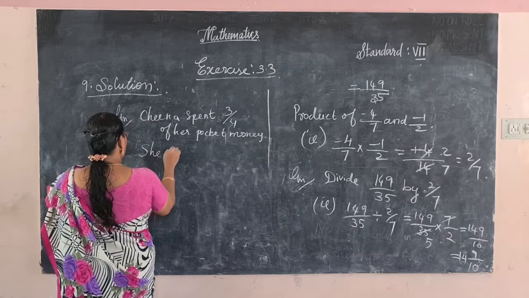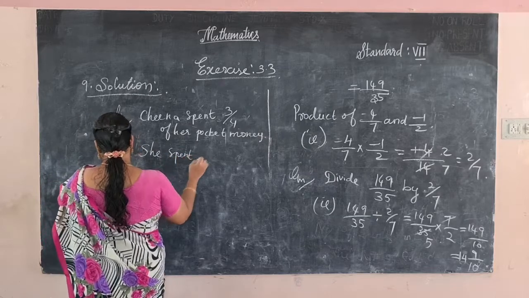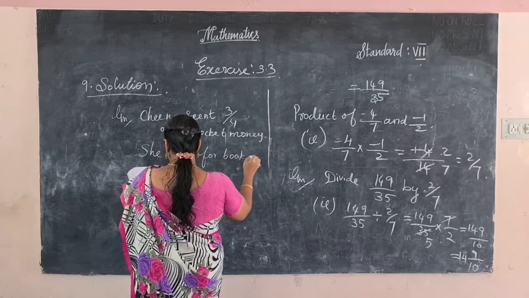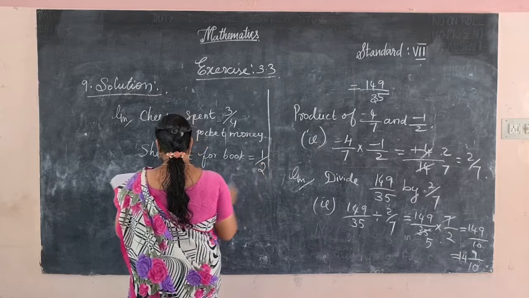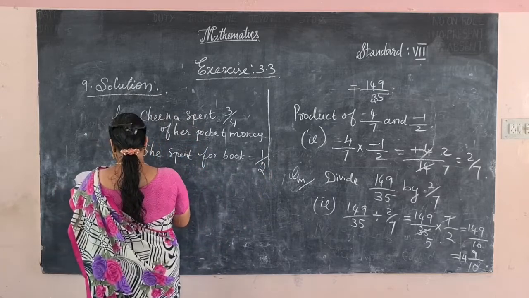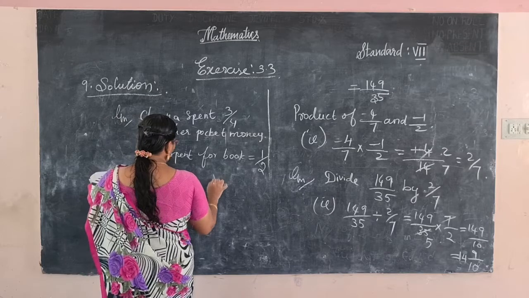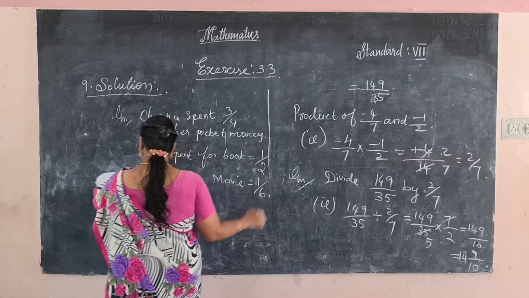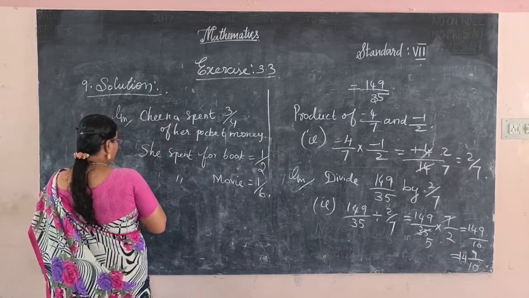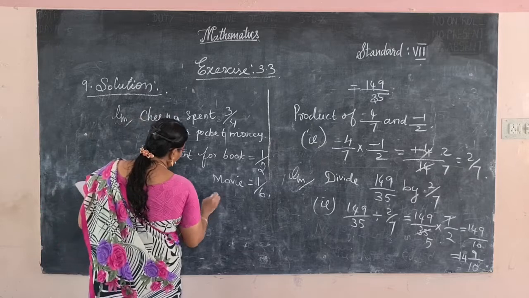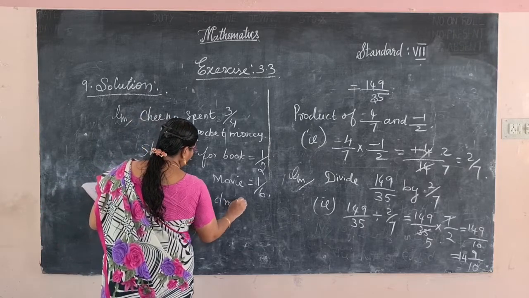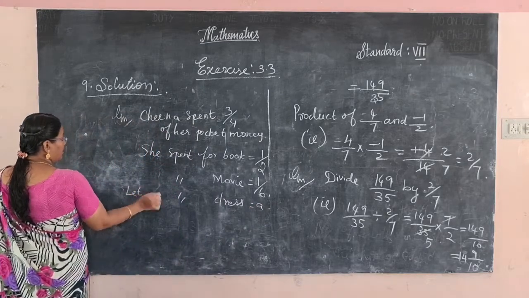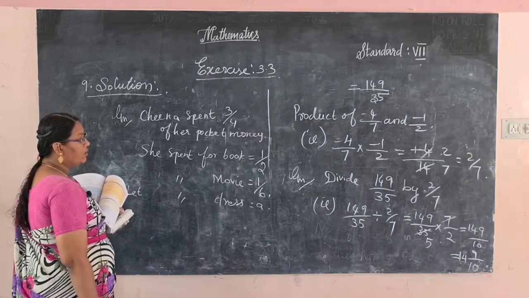She spent for the book 1 by 2, and then for the movie 1 by 6, and the rest on the dress. We don't know the rest on the dress, so we consider A or X, anyone. Let the amount spent for the dress be A.